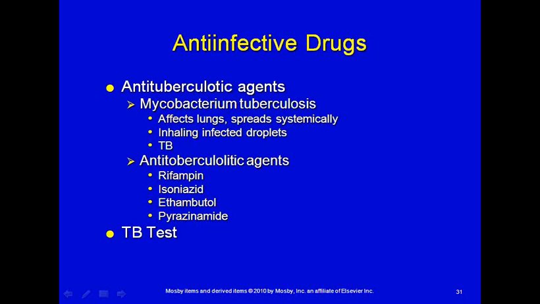The drugs used to treat tuberculosis are rifampin, isoniazid, ethambutol, and pyrazinamide. And of course, at least every other year, depending on the situation, people are required to get a tuberculosis test, a TB skin test, and if it's positive, that would indicate the presence of tuberculosis.